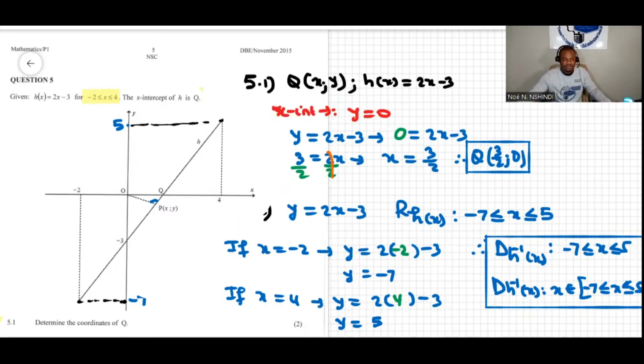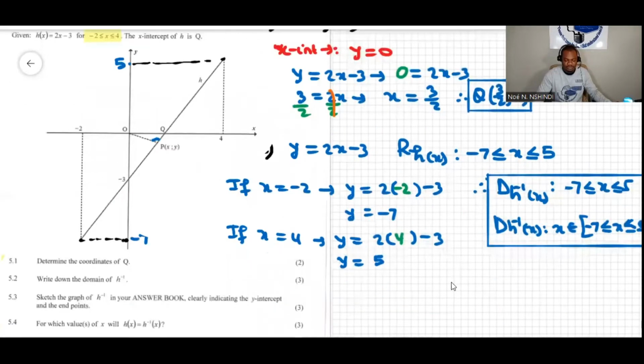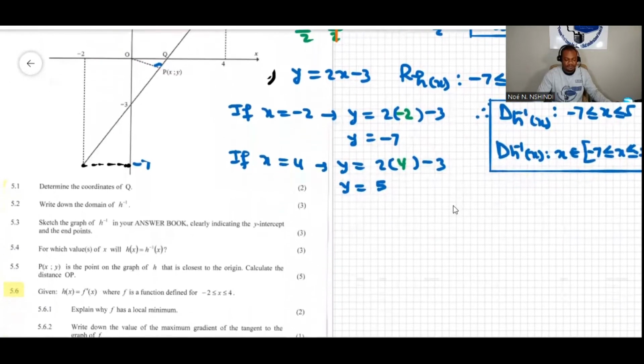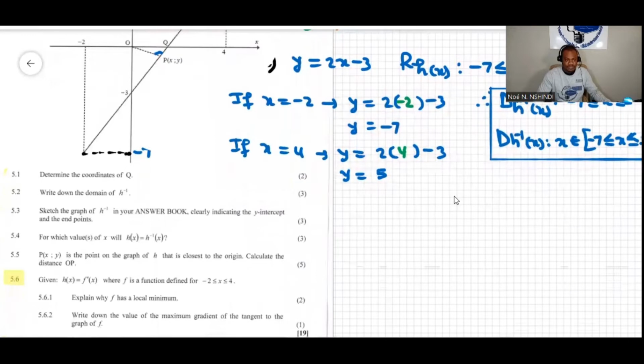Now, question 5.6. It says, given h of x equal to f prime of x, where f is a function defined for negative 2 less than or equal to x less than or equal to 4, explain why f has a local minimum.